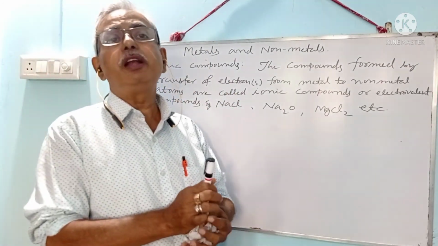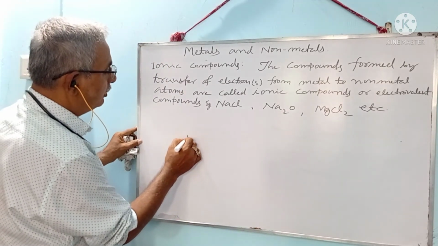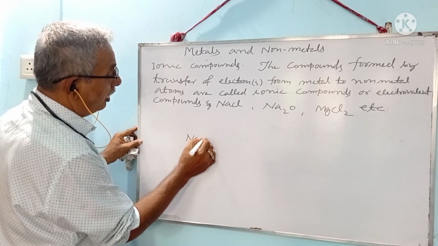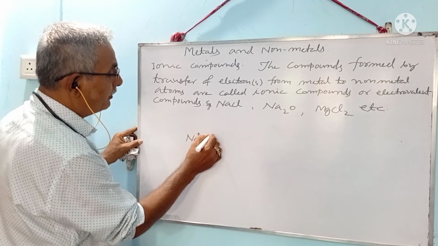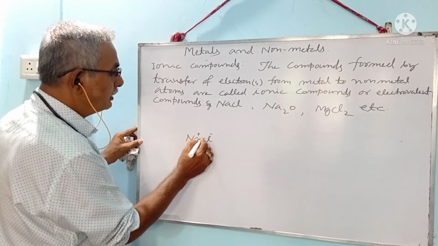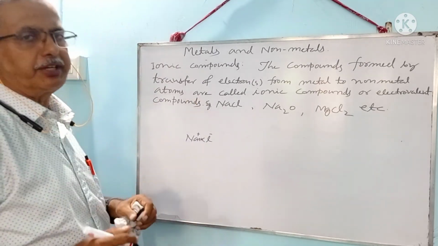Why high melting point and boiling point? You see, for example, sodium chloride. Here the sodium is the positive ion and chlorine the negative ion. So between the positive and negative ions there is a strong force of attraction.